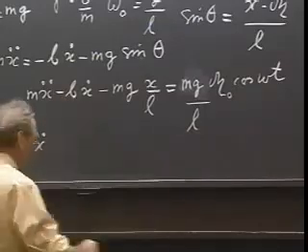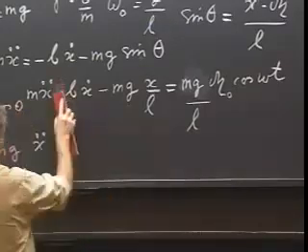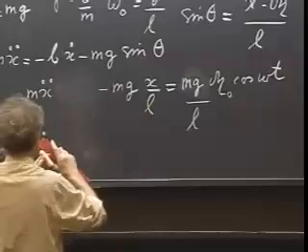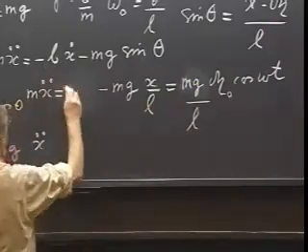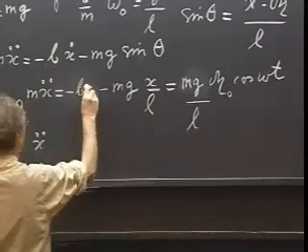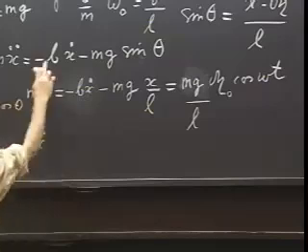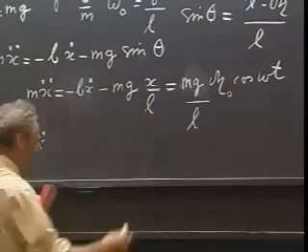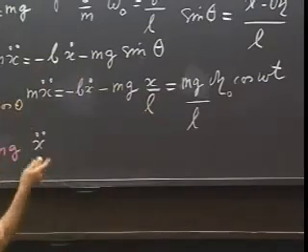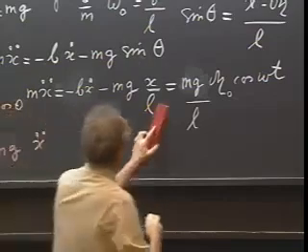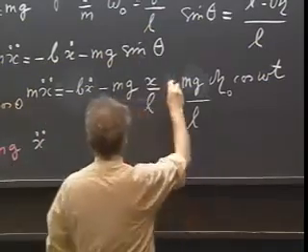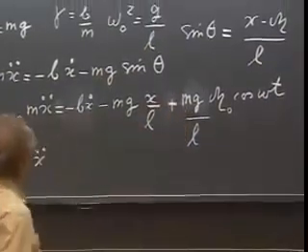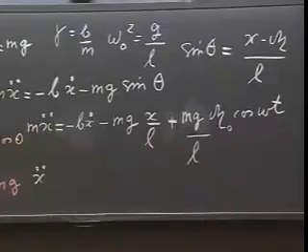There's an equal sign here. You should not be sleeping. You're not supposed to sleep. This is an equal sign, minus b x dot, right? Equals minus b, yeah? We're in business now. You're all sleeping.